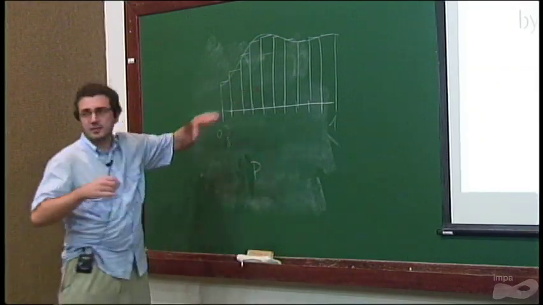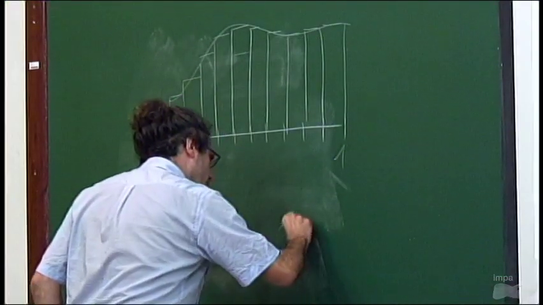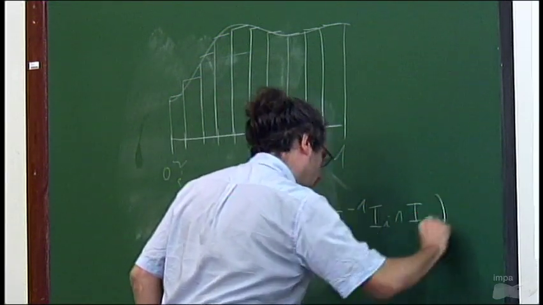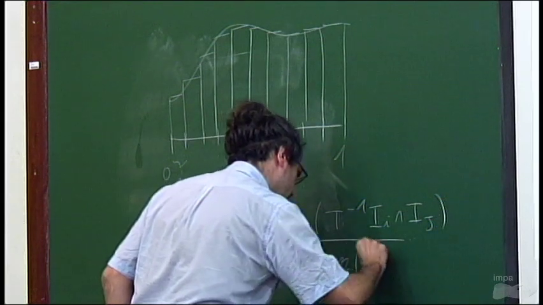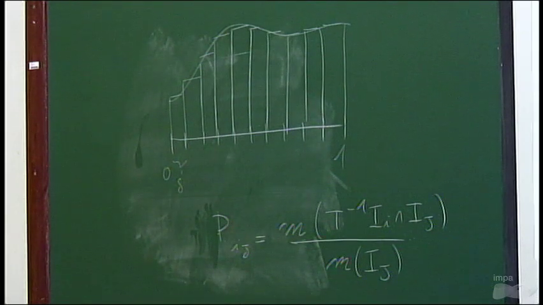If you look at it on the basis of the characteristic functions of the intervals, the entries of this matrix are nothing else than the conditional probabilities of getting from interval j into interval i. And so this is nothing else than a Markov chain. It's a finite state Markov chain that is approximating your dynamical system.